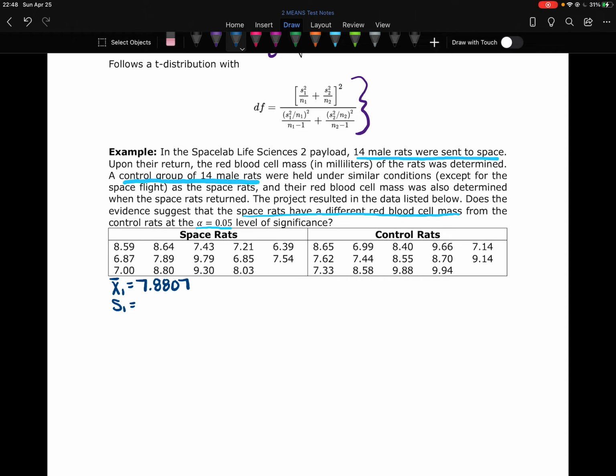And the standard deviation for the rats that went to space is 1.0175. I'm going to call this group 1 just because they're on the left and I saw them first. It doesn't really matter so long as I'm consistent. Space rats are always group 1. My control rats are group 2.